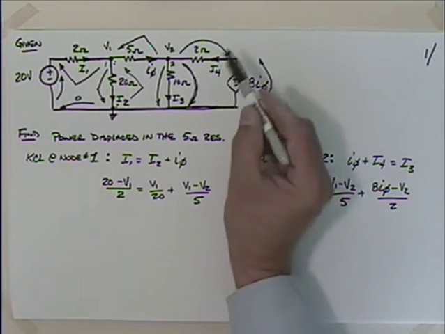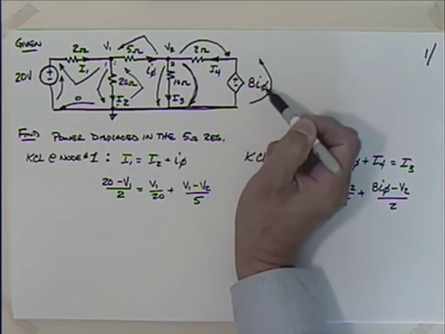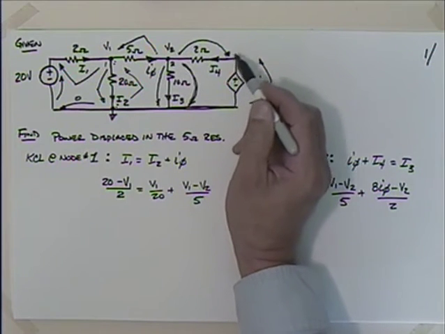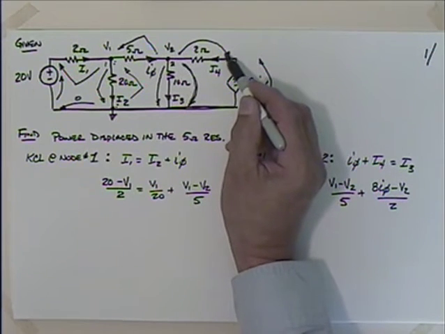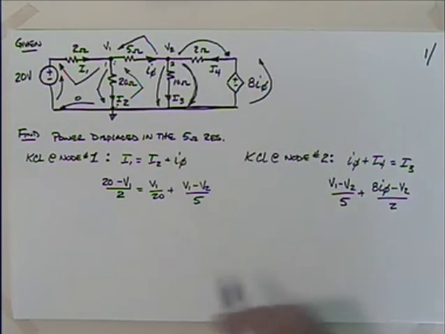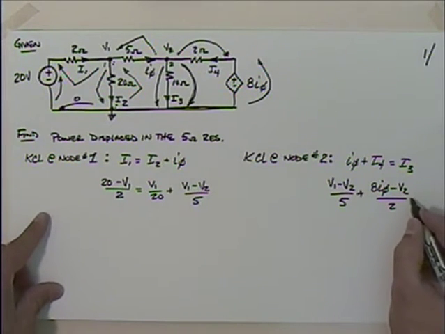You could also think of it as the voltage here at the head of this arrow right there, which is 8 I phi, minus the voltage at the tail, which is V2. You treat it almost like a position vector from statics in that regard. The value of the voltage at the head minus the value at the tail is probably not the best way to think about it, but from a mechanical standpoint, it does work.